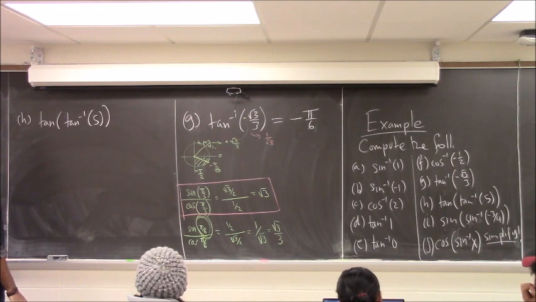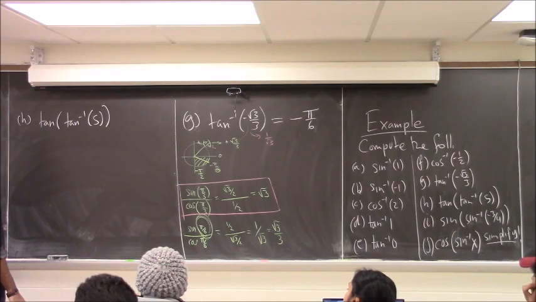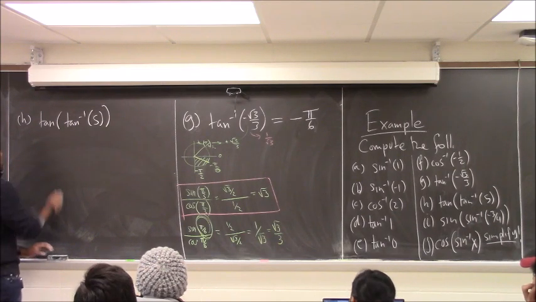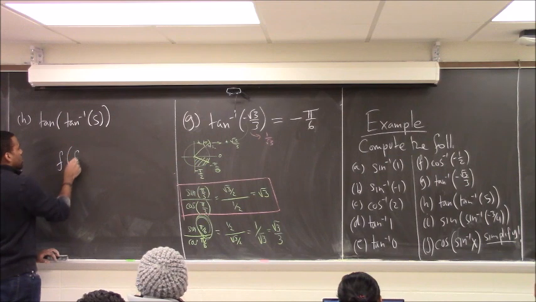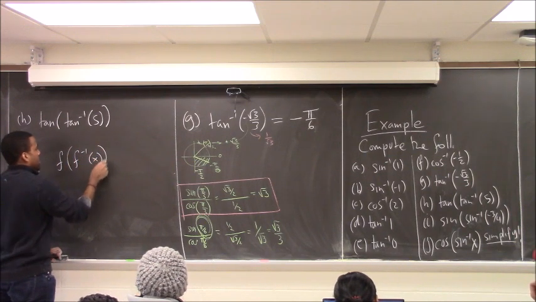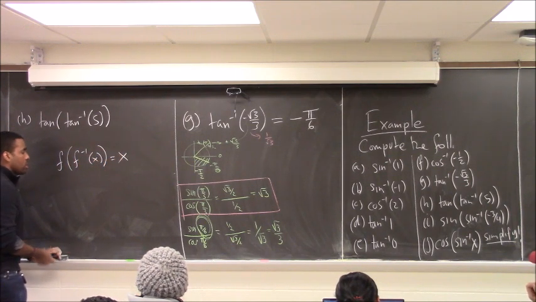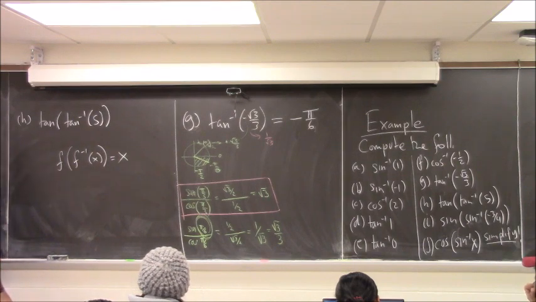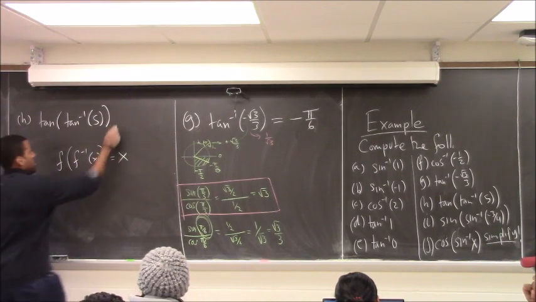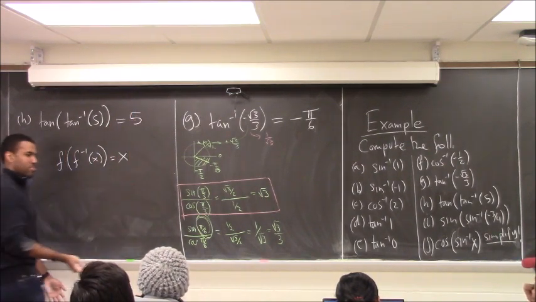Now this one, it'll remind you a lot about how functions actually work. You know that if you take f of f inverse of x, you just get x. So this one is just actually going to be that. Right?